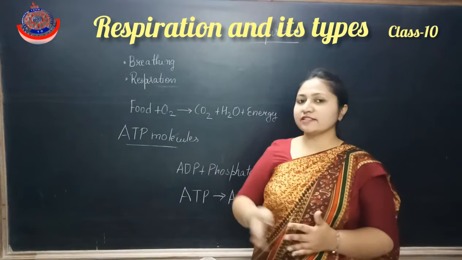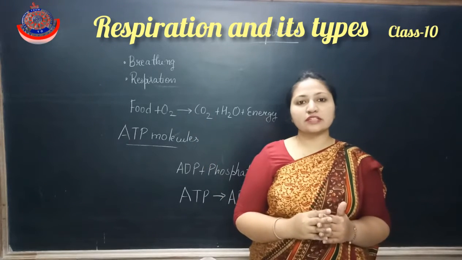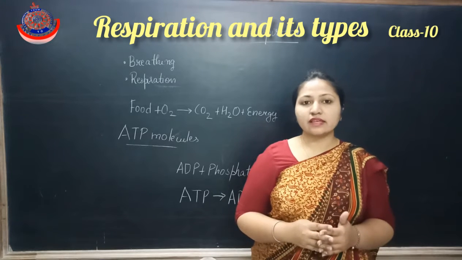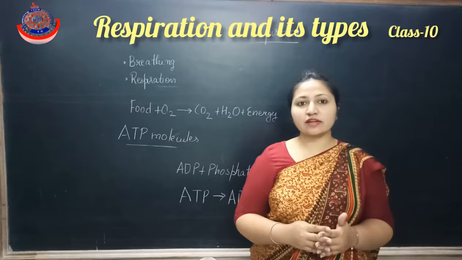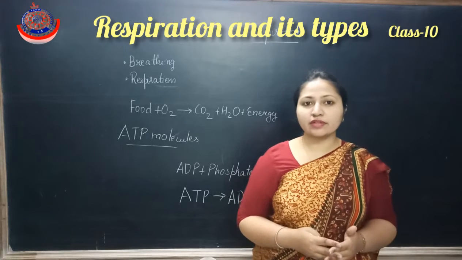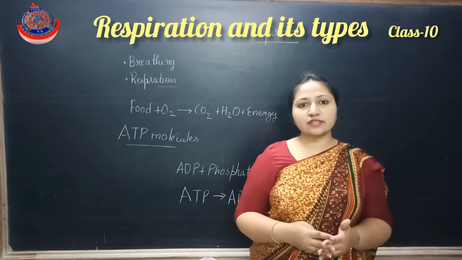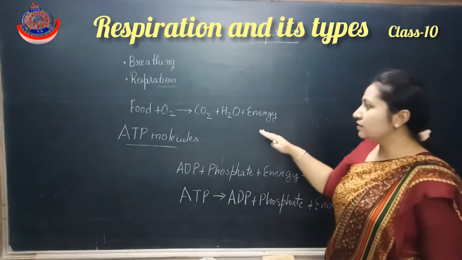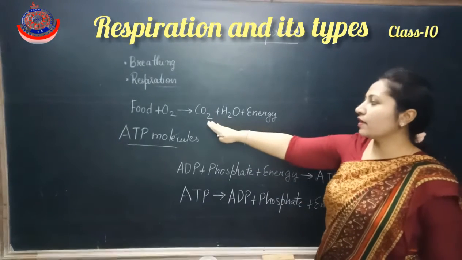Now next is respiration. Respiration means that when the oxygen reaches the lungs, then through the blood it is transported to the cells, and in those cells the mitochondria are present, where the oxidation of food occurs, and then it produces energy and carbon dioxide.